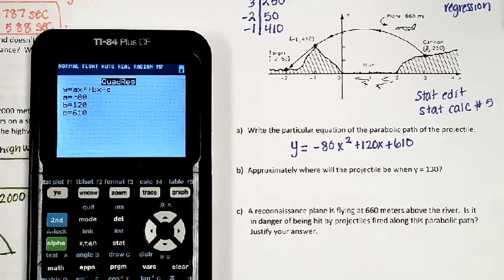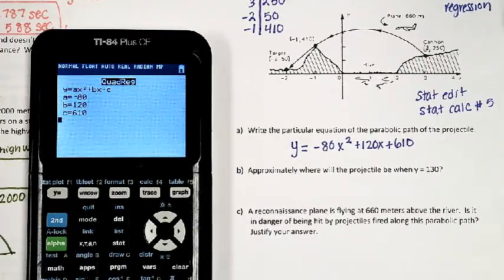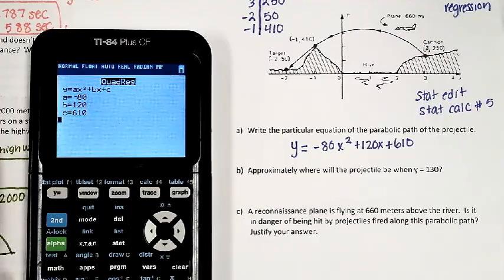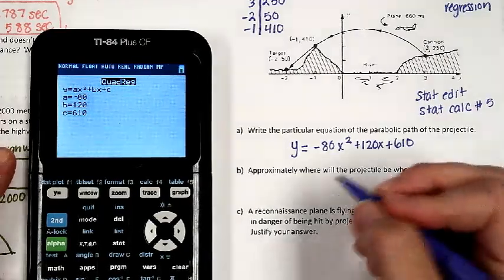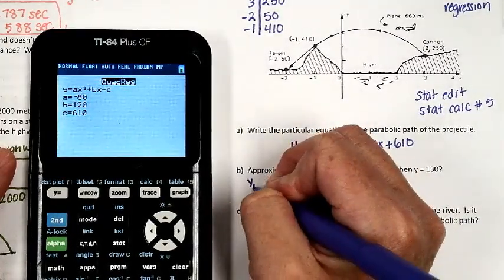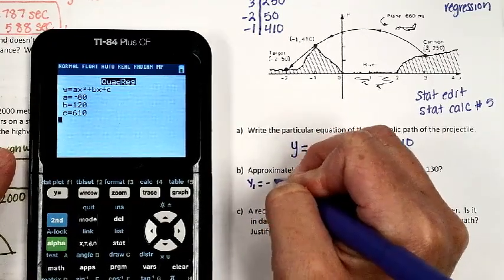It says approximately where will the projectile be when y is equal to 130. So this is where again we want to do the intersection. So in y1 we are going to type in the negative 80x squared plus 120x plus 610. And then in y2 we're going to put in 130.